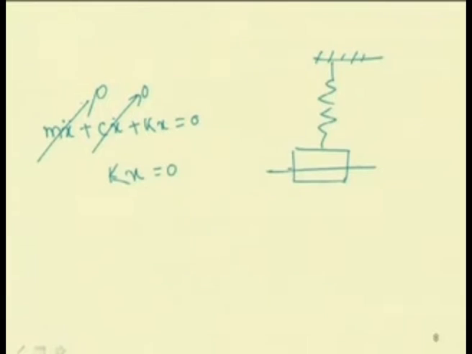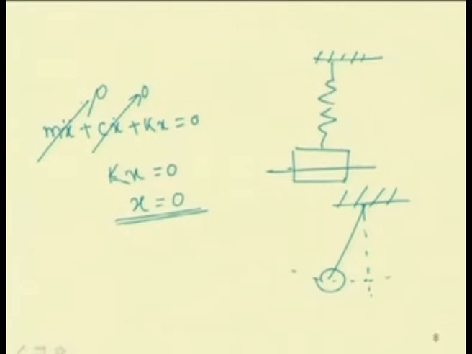From this, as k is not equal to 0, I can put x equal to 0. So x equal to 0 is the equilibrium position. Similarly, for the pendulum case, it can oscillate about the mean position. So this will be the equilibrium position. So we have to study the equilibrium position of different systems.